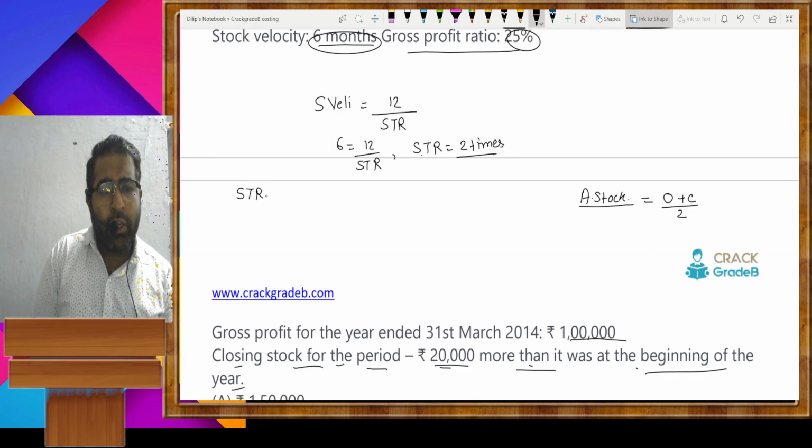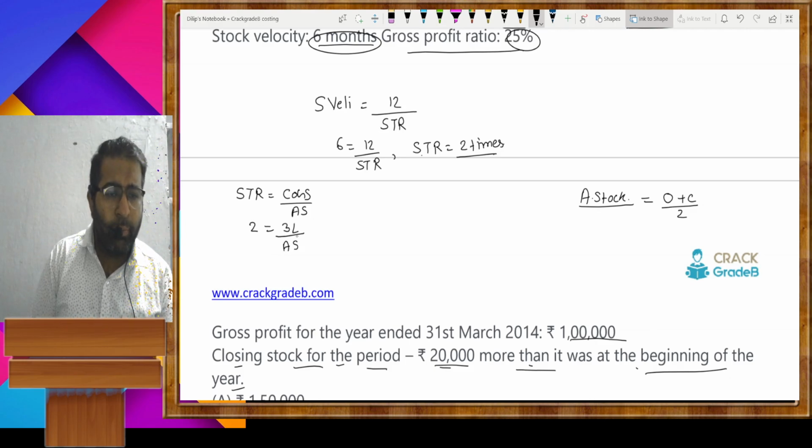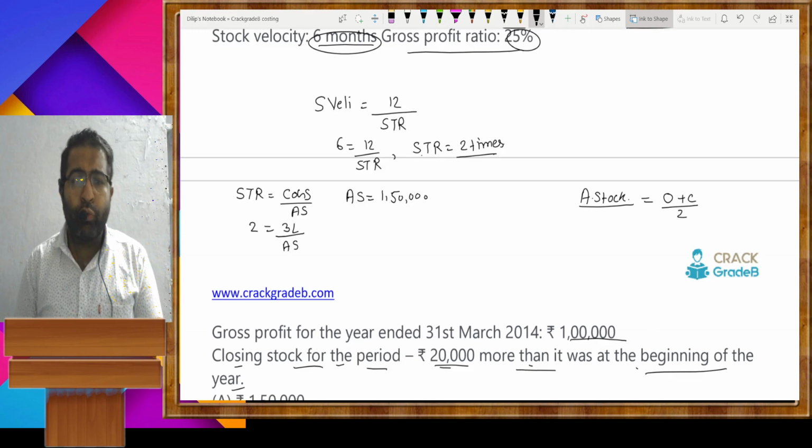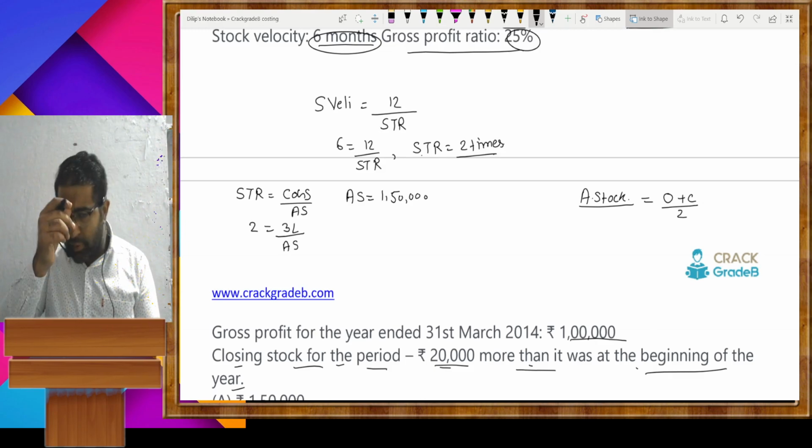Stock turnover ratio equals cost of goods sold divided by average stock. Stock turnover ratio is 2 times. Cost of goods sold we calculated 3 lakh. Average stock we don't know. So by this we make an equation that average stock equals 1,50,000.